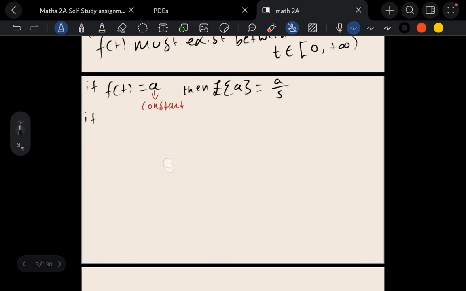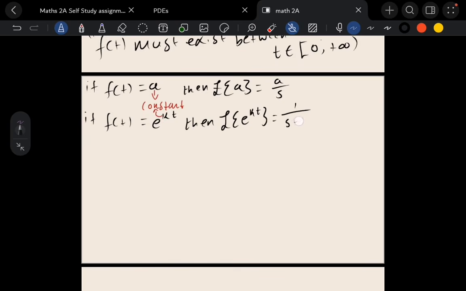And then if f of t is e to the power kt, where k is again a constant, then the Laplace transform of e to the power kt is always going to be 1 over s minus k. This formula will only work for k which is positive.